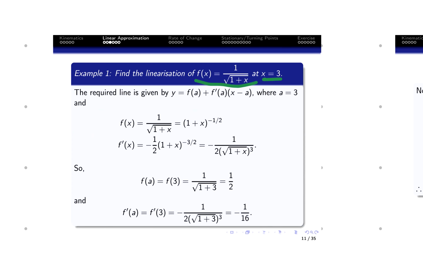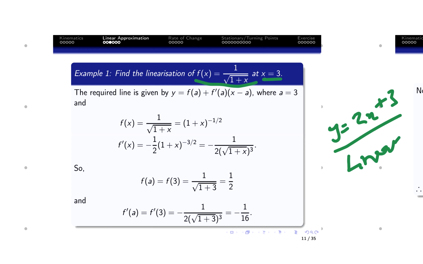It is not a line. A linear function is a function whose maximum power is 1, like maybe 2x plus 3. But this one, if you plot it, you see that it's not a straight line. So linearization is more like approximating the function you have.